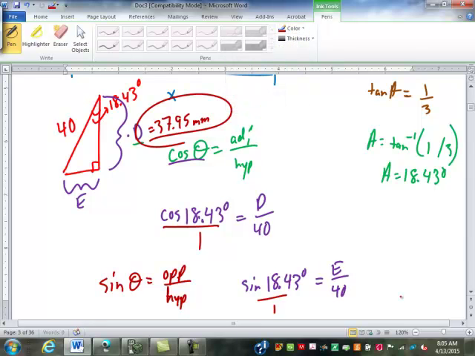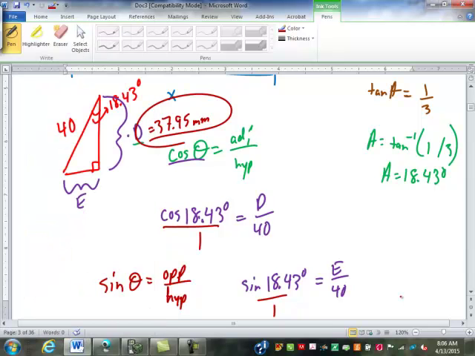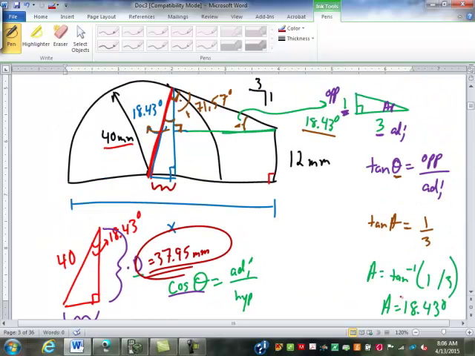Put this over 1, so it'll be sine of 18.43 times 40 divided by 1. Again, don't have to divide by 1. 12.65 I get. So this is 12.65.